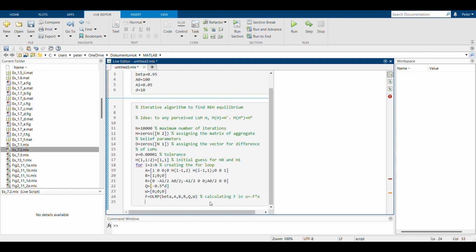Okay, so we solve the problem for the policy function, and most importantly, we are supposed to update the matrix H with the new actual law of motion, which we can use in the next round of iteration as a perceived law of motion.